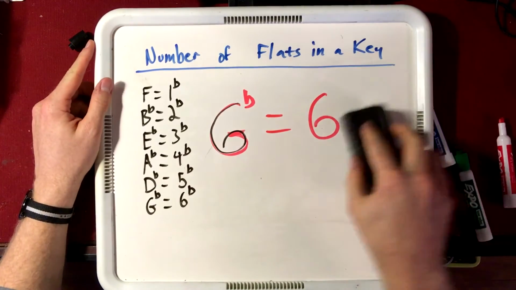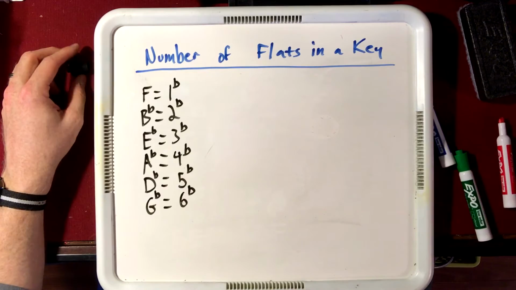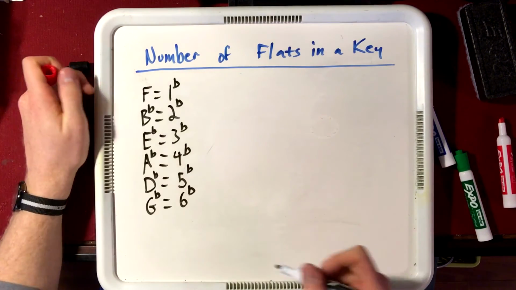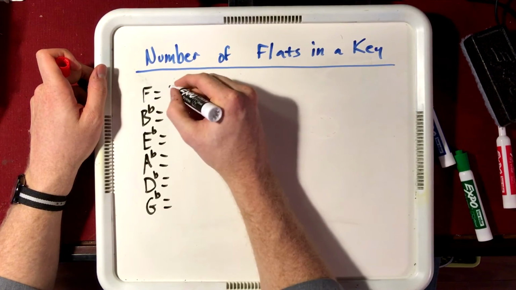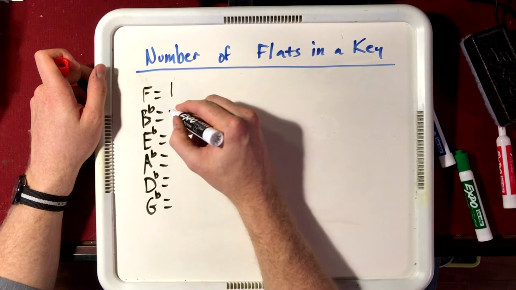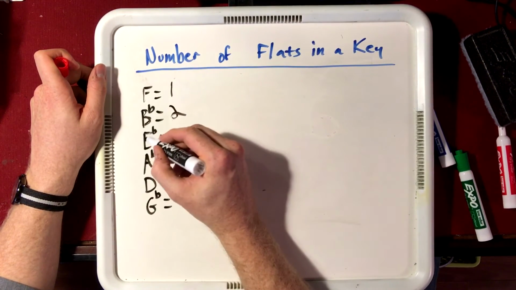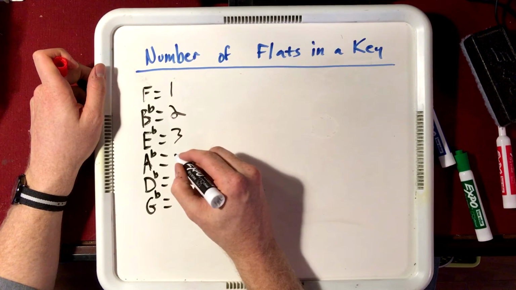So that's how I memorize how many flats are in each key. So for me, I look at it and someone goes, how many does F have? Okay, F looks kind of like a 1 right here, so F's got 1. B flat's got 2 bubbles, so it is a 2. E has 3 stems, 3 lines on it, it's 3. A kind of looks like a 4, so it's got 4.